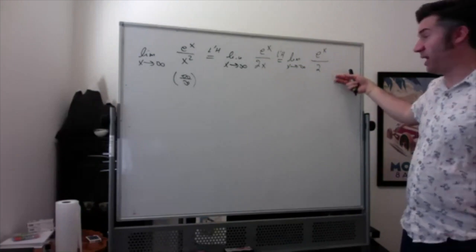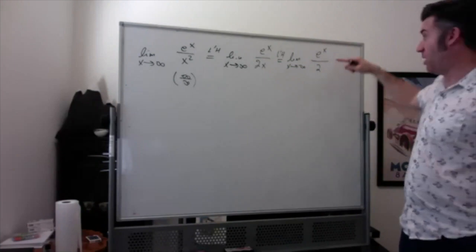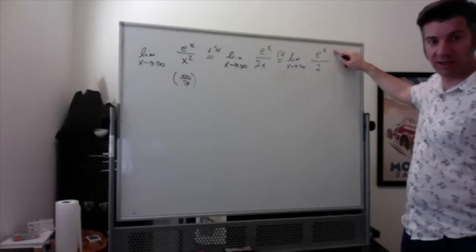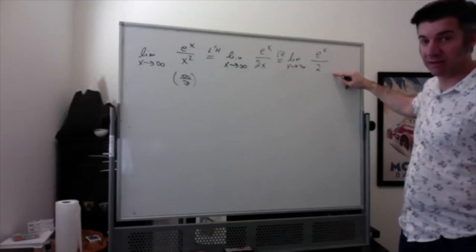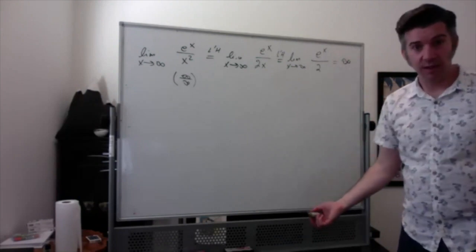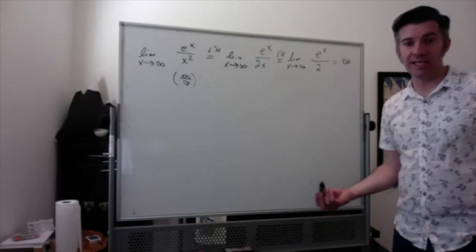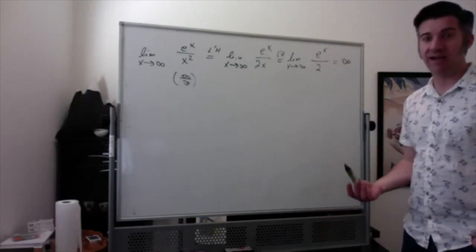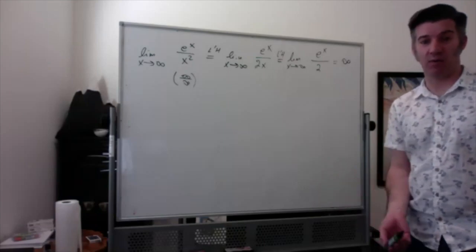So at this point, I have to think about what I have. The top is infinitely large. The bottom is 2. Infinity divided by 2, still infinity. So this limit is infinite. And what this is showing us is that e to the x outgrows x squared. In fact, e to the x outgrows any power of x.